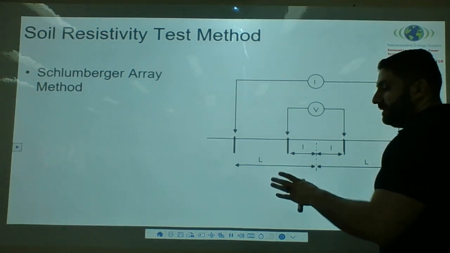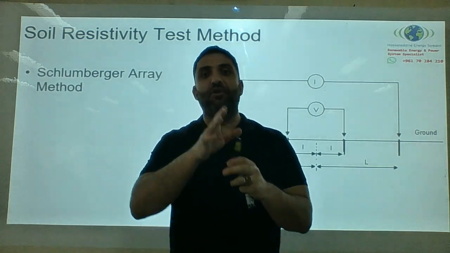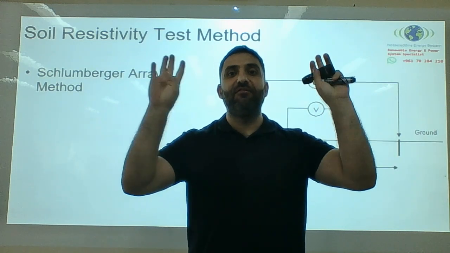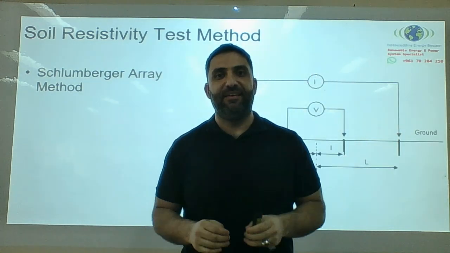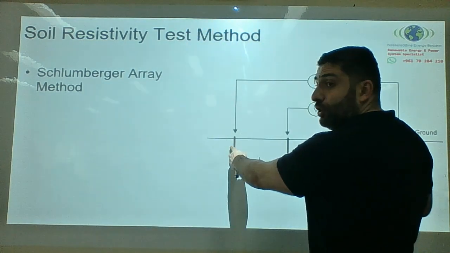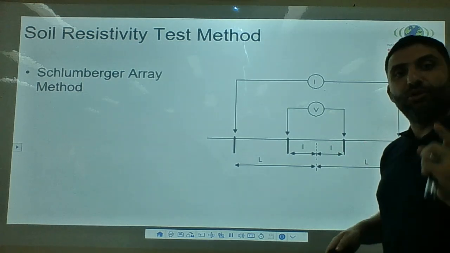So in Wenner array, I always have to change the 4 probes. Every time I want to take a new measurement, I have to take the 4 probes and change them. For Schlumberger array, I don't have to. I can set these 2 external ones and then start moving the 2 internal ones.